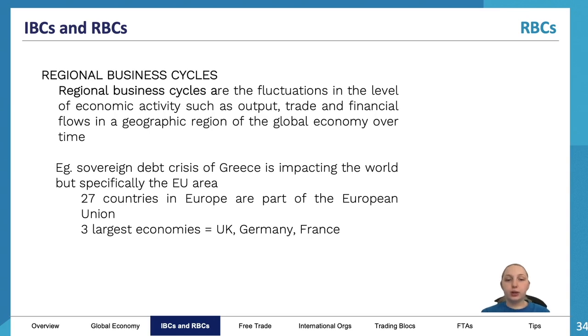So that includes 27 countries in Europe that are part of the EU, and then those three largest economies are the UK, Germany, and France, which are all also relatively really big economies in the world. So typically, changes in the regional business cycles of the EU area do tend to translate to changes in the international business cycles. So they are really linked together, those two.